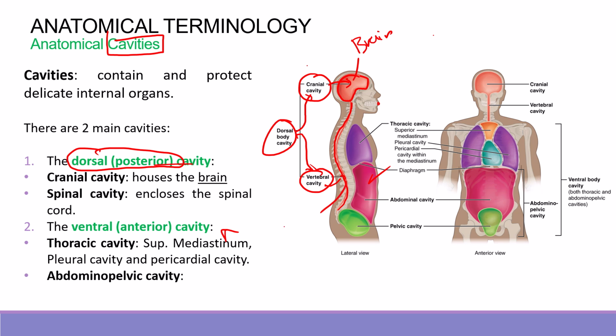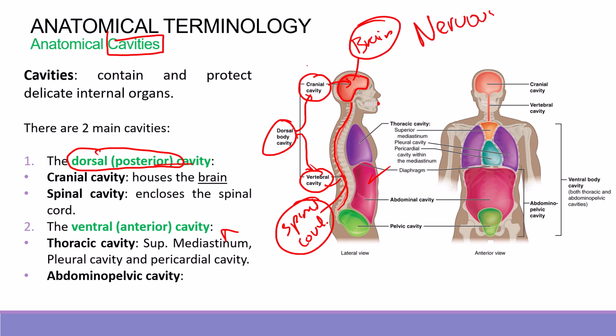That will be the spinal cord. And what are the spinal cord and the brain? Those are organs that belong to the nervous system. So basically what that means is that all the dorsal cavity contains the organs of the nervous system.